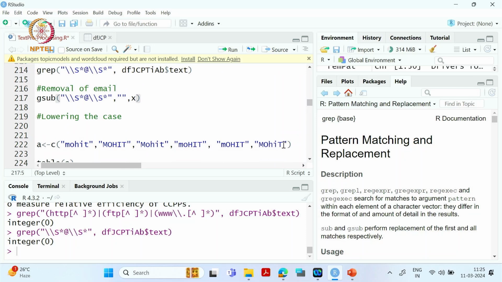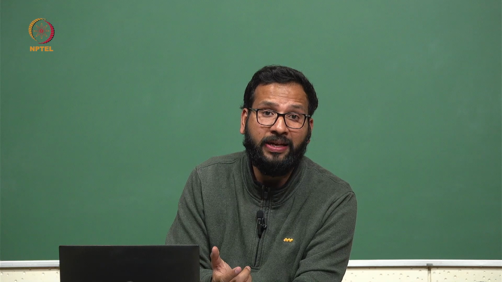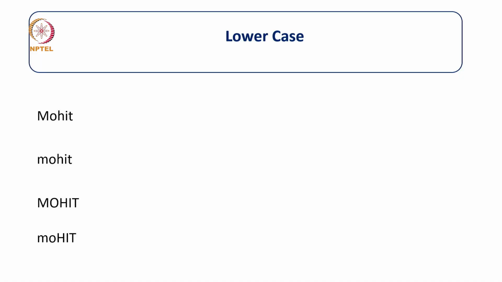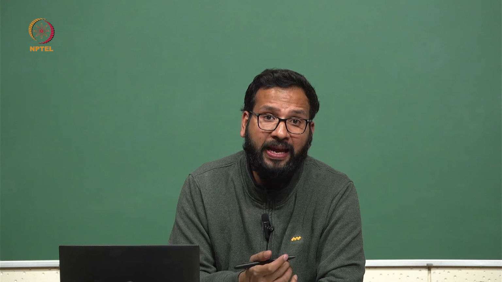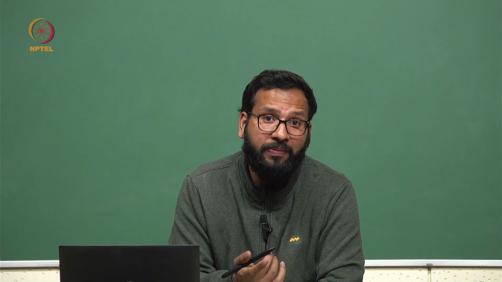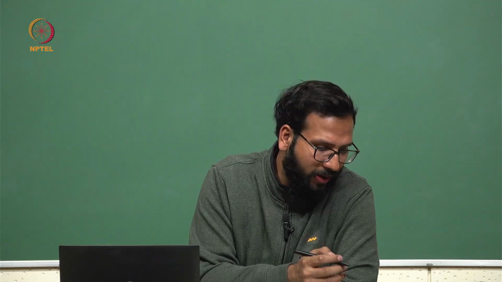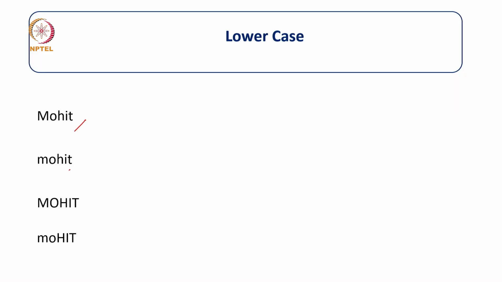Now the second thing in the pre-processing is the lower casing of the characters. There may be a possibility that the same word which conveys the same meaning may be written in different forms. Say, for example, you take Mohit, Mohit, Mohit, and Mohit. These all four words convey the same meaning, that there is a person whose name is Mohit.